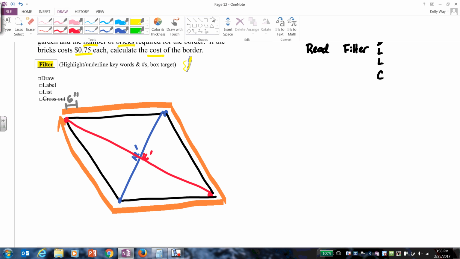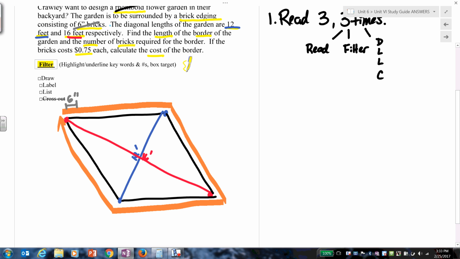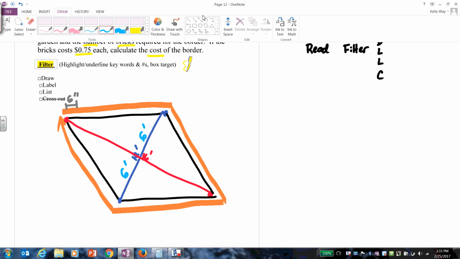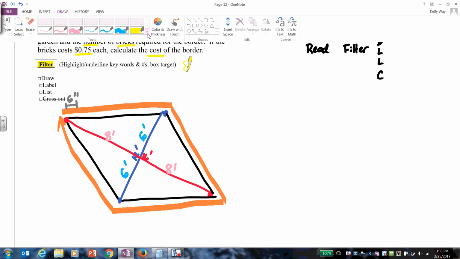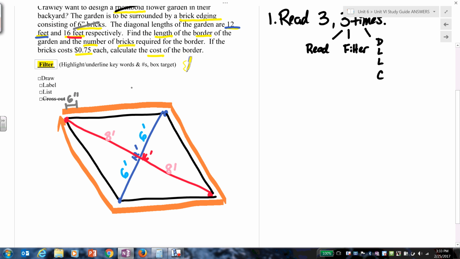Since I know a rhombus cuts the diagonals in half like a parallelogram, I'm going to instantly break this up to 6 feet and 6 feet. I'm going to break this up to 8 feet and 8 feet. Cross it out as we go.